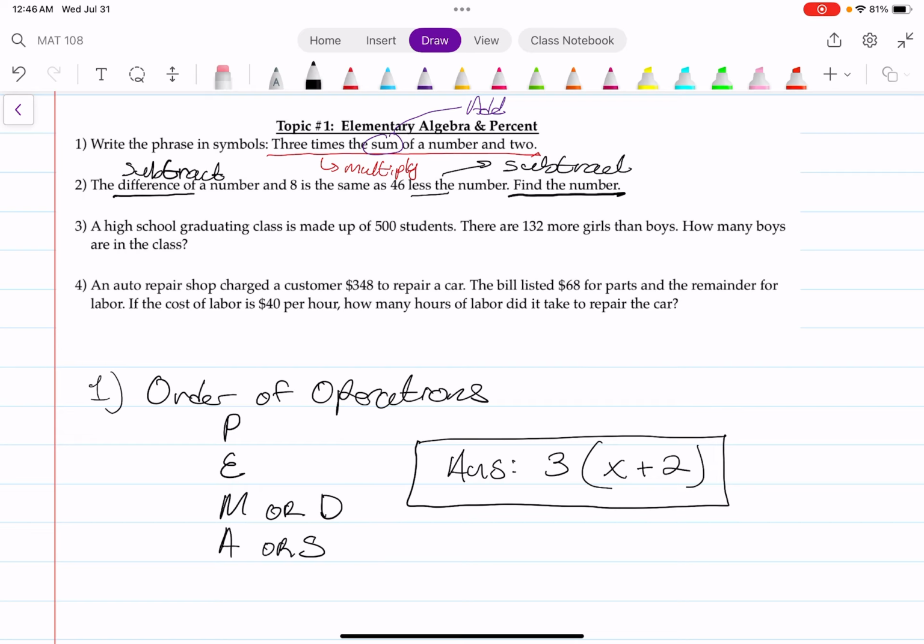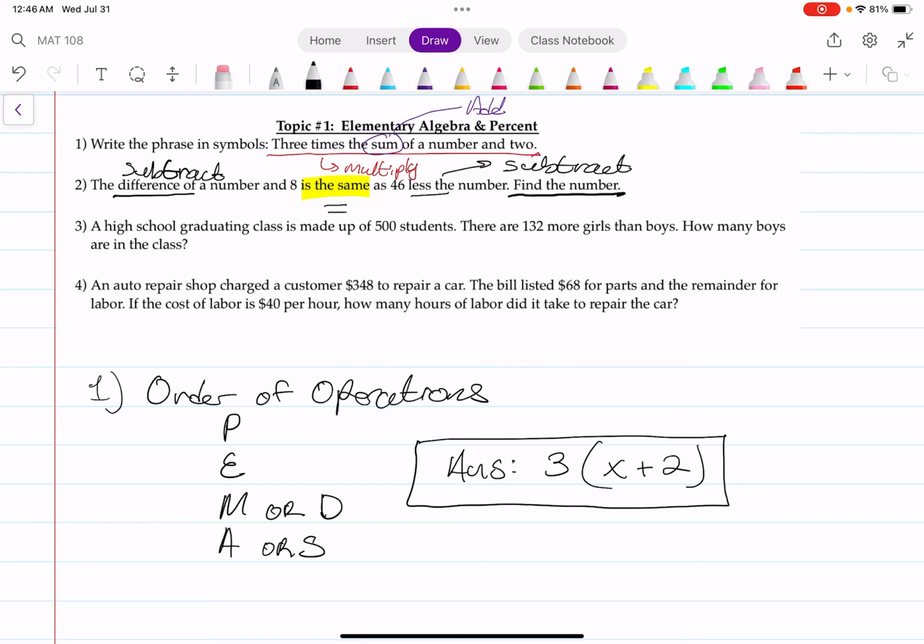But there is an order to each of these expressions. Before I continue, I want to highlight whether the phrase is the same as. Is the same as means equals. So I'm going to put an equal sign there.